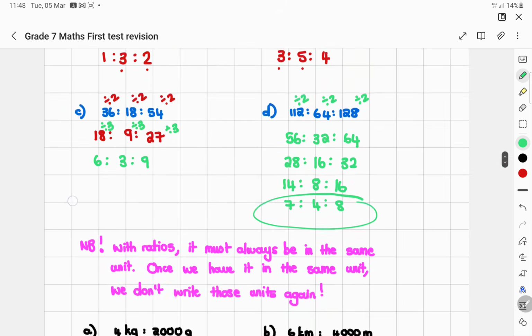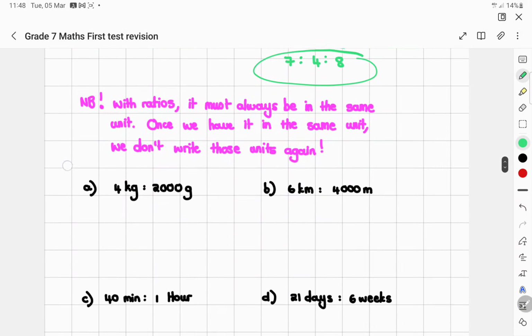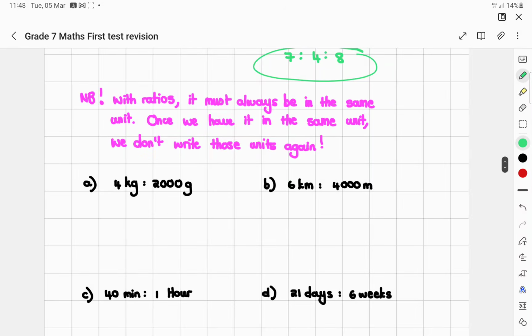Okay, now very important. When you deal with ratios, it must always be in the same unit. You cannot simplify ratios where it's got two different units. Why? Because you are going to drop your units. So you are not allowed to write your units after you've gotten them to the same unit.